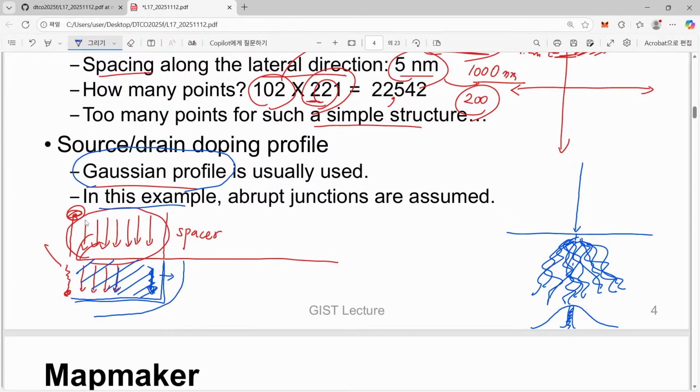A Gaussian profile is also assumed along this vertical direction. Along this vertical direction, we have most probable depths of injection. Maybe this is the average depth of penetration.